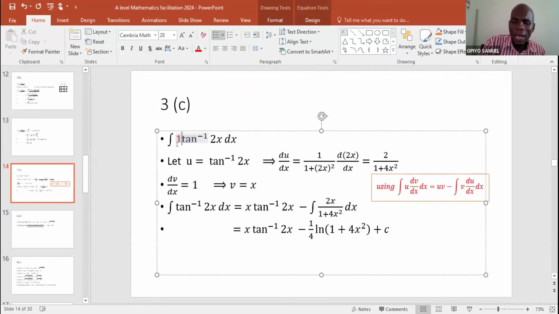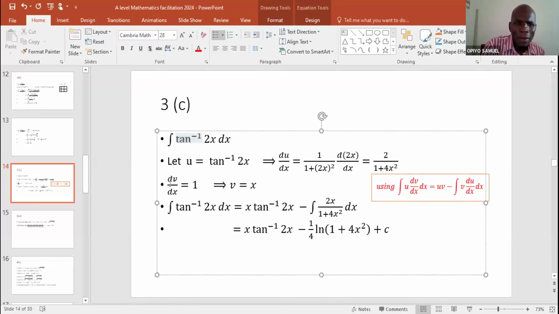So we can let u be tan inverse of 2x. And immediately, when we differentiate this, first of all, you will get tan u equals 2x. Then when you differentiate and simplify, you will get du by dx equals 2 over 1 plus 4x squared.